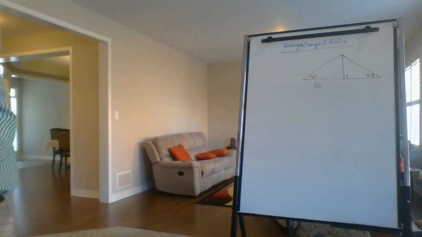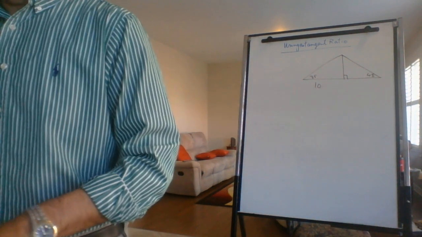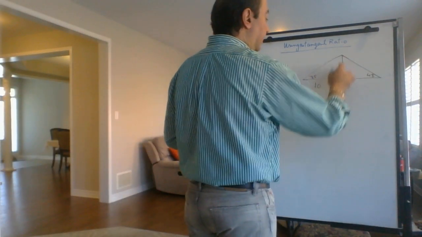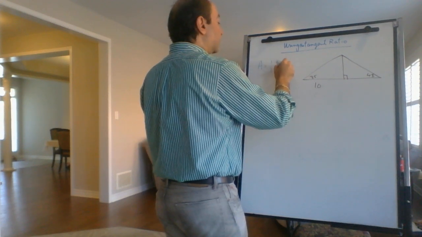So in order to find the area of this triangle, we need the base and the height. Because area equals 1/2 base times height.